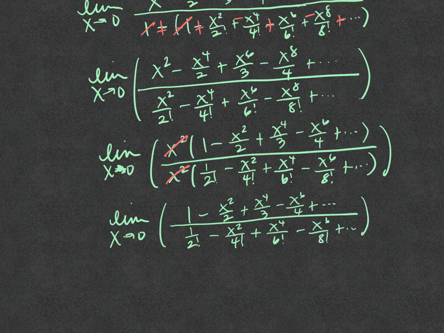Now, our limit as x approaches 0, so that means this approaches 0, this approaches 0, all of them approach 0, and the denominator as well. So our limit is 1 over 2 factorial, which equals 1 over 2 factorial, which is 1 over 2... so the limit is 1 over 1 over 2, which is 2.